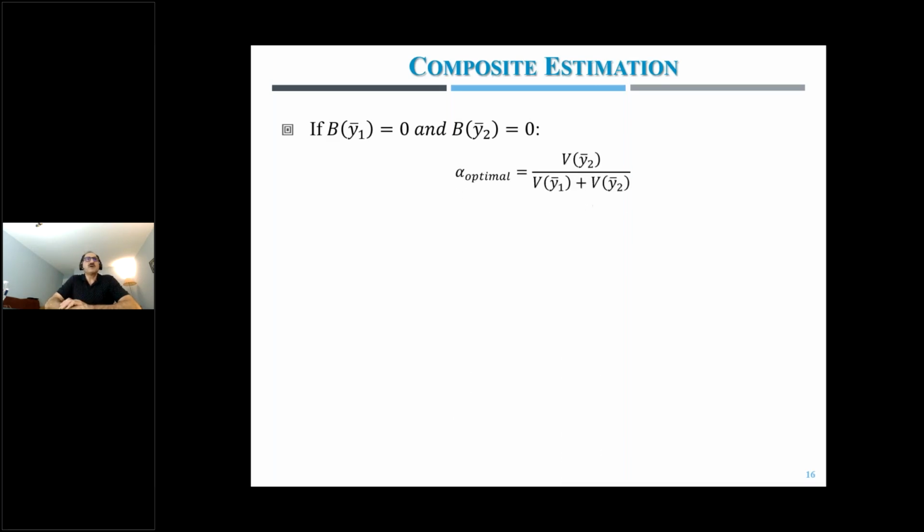Under this assumption, it can be shown that the optimal composition factor simply becomes a function of the variance of these point estimates.